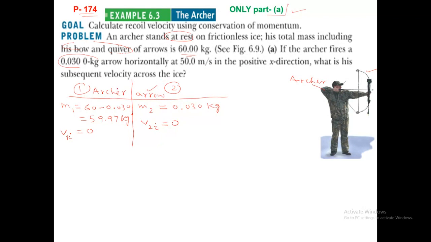So you have to find the final velocity of the first object, which is the person. It is written that the archer fires an arrow horizontally at 50 meters per second. This is the velocity for the arrow.